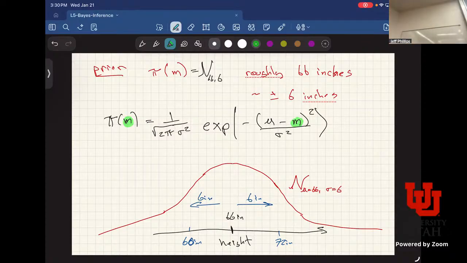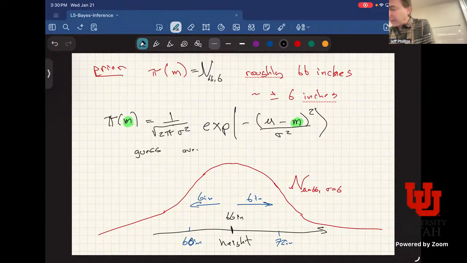So we're going to use the normal equation written outside the room to model our prior guess of the average height of a University of Utah student.